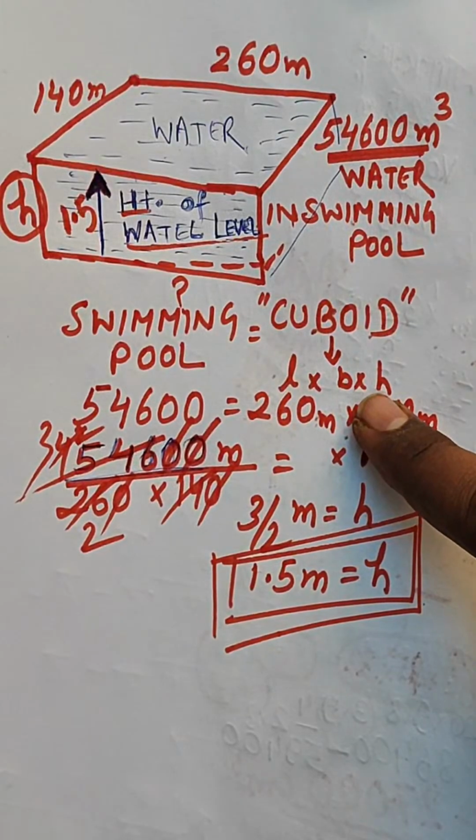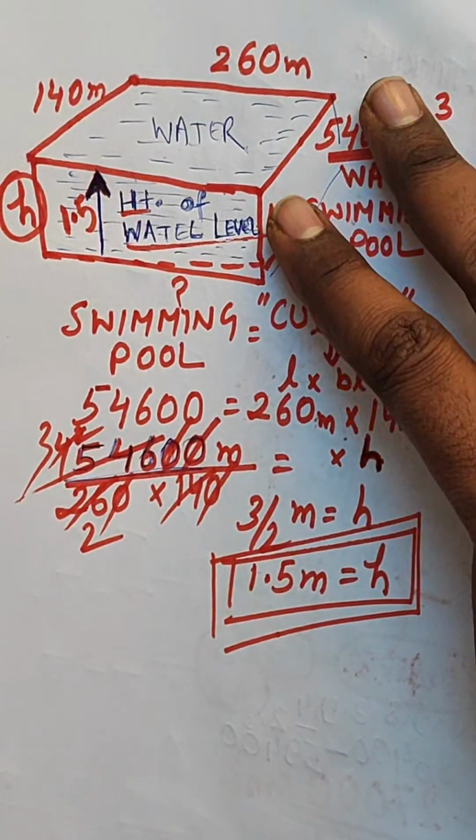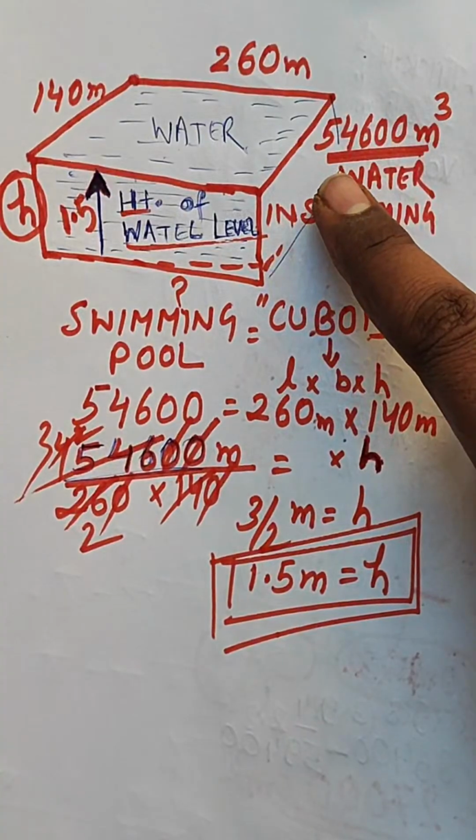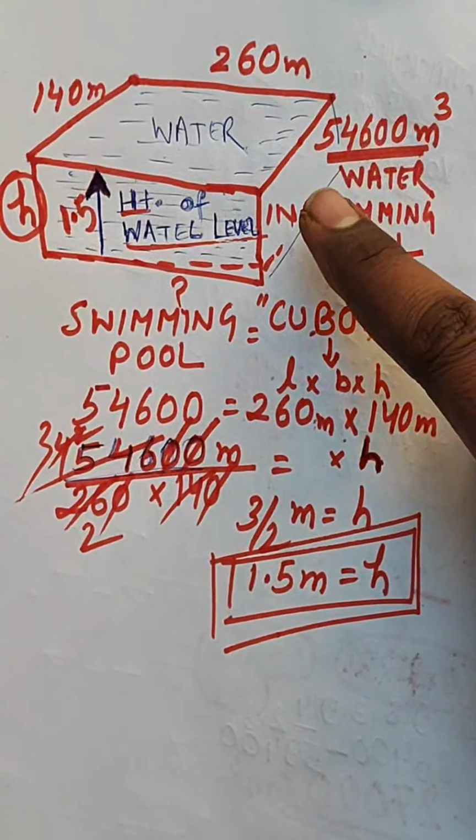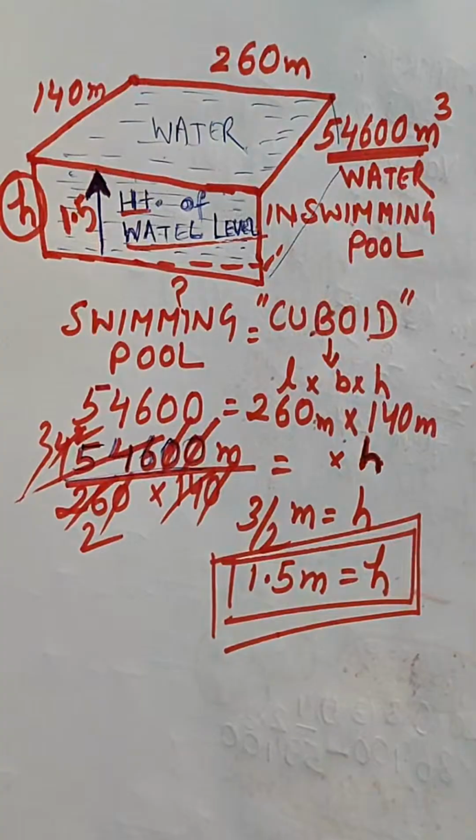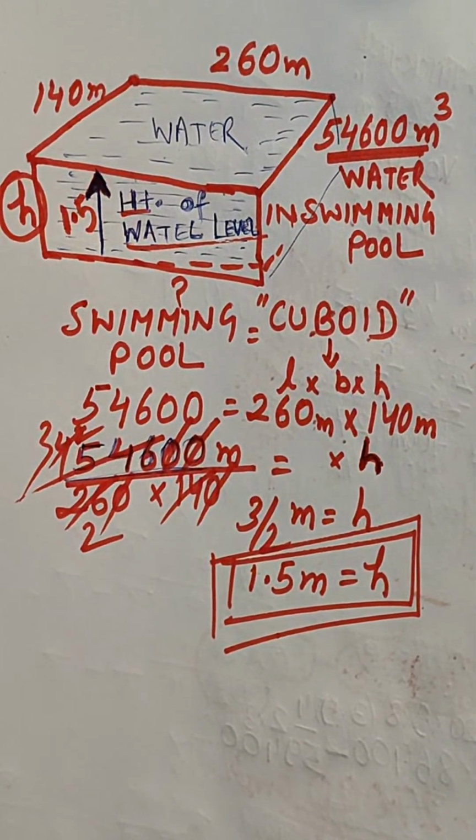If it is in the shape of a cylinder, the volume is pi r square h. If it resembles a cone, it is 1 by 3 pi r square h. If it resembles a cube, it is side into side into side. All these formulas need to be in your mind, my dear friends.